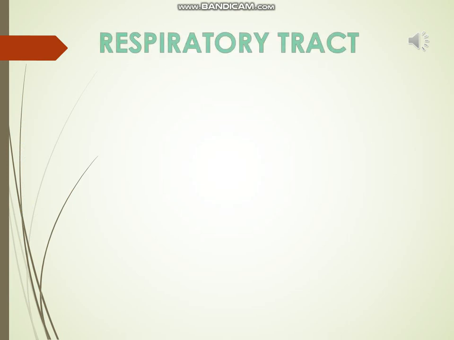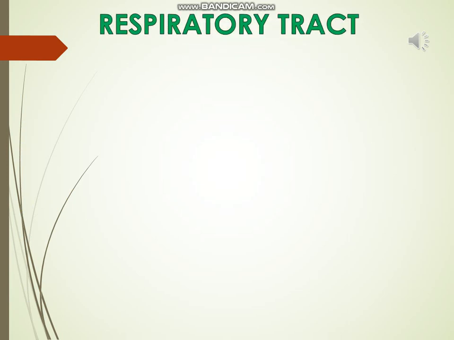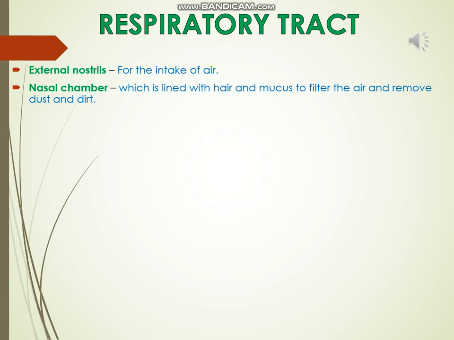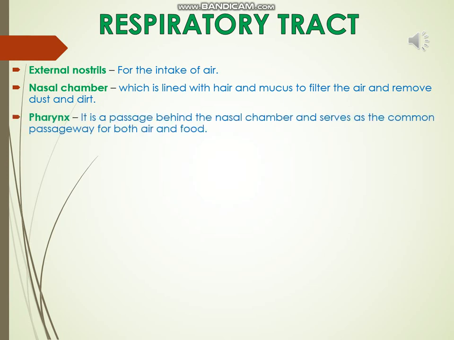The respiratory tract in humans is made up of the following parts: external nostril, which is used for the intake of air; nasal chamber, which is lined with hairs and muscles to filter the air and remove dust and dirt. Next one is pharynx. It is a passage behind the nasal chamber and serves as a common passageway for both air and food.